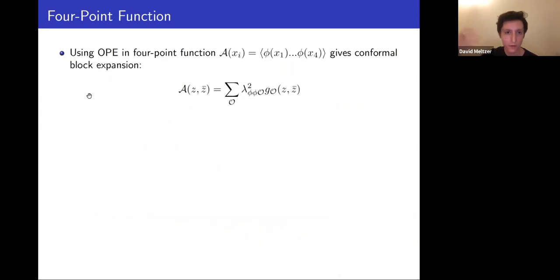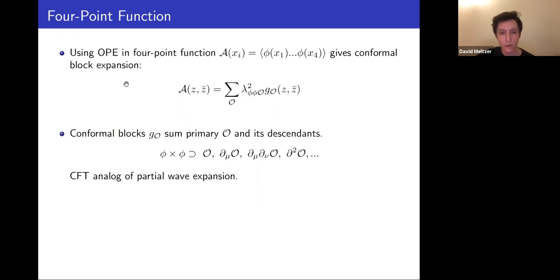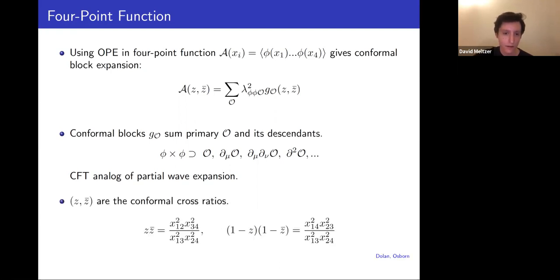So what we do in the bootstrap is we always take that OPE and we put it into a CFT 4 point function. And this gives us the block expansion, where these blocks sum up the contribution of the primary and all its descendants. And these variables z and z bar are our favorite conformal cross ratios.